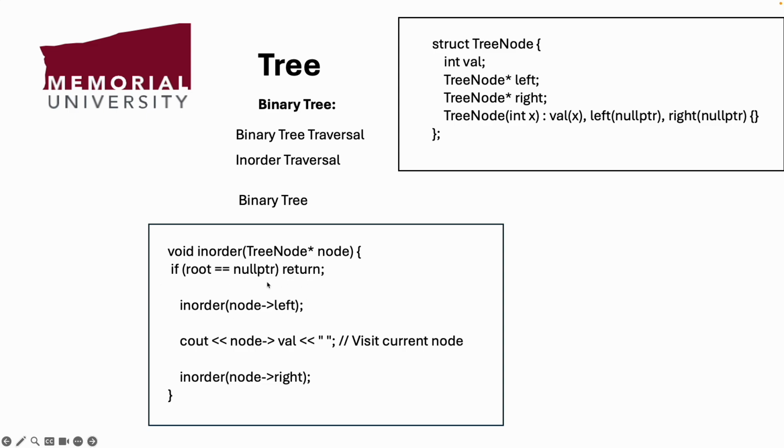Otherwise, we recursively call the left child first, and then visit the root node, the current node, and then we recursively call the right child. This is the in-order traversal.